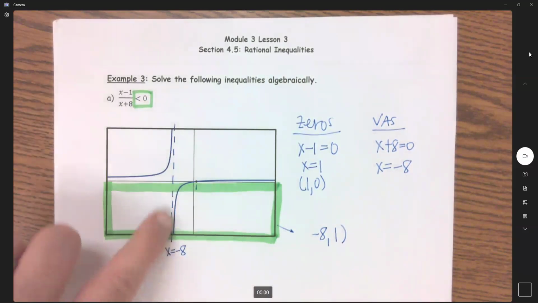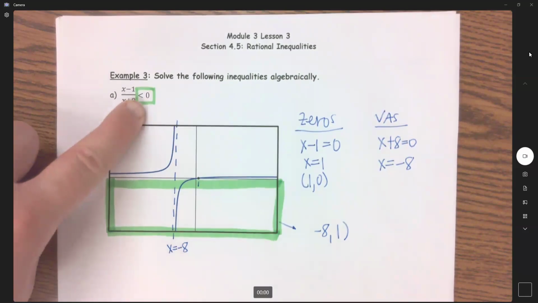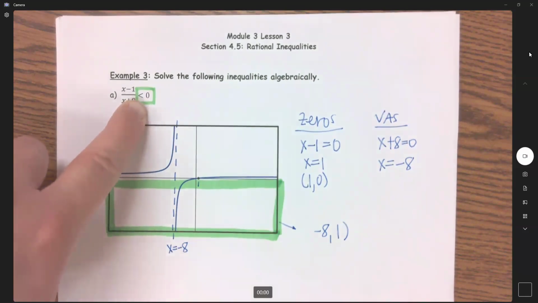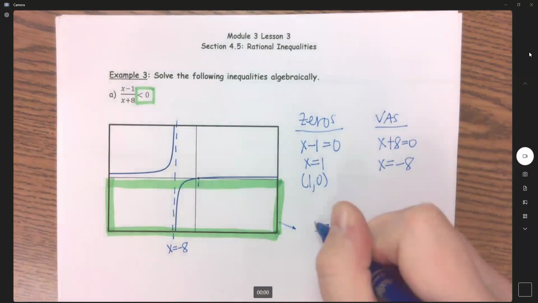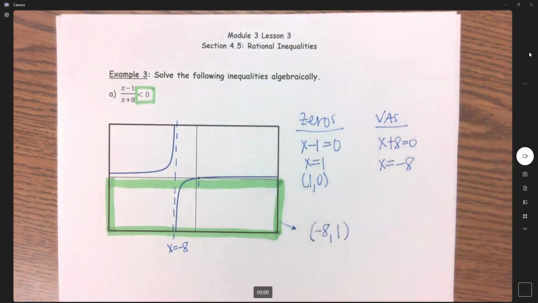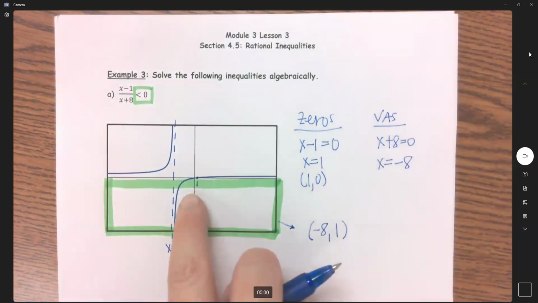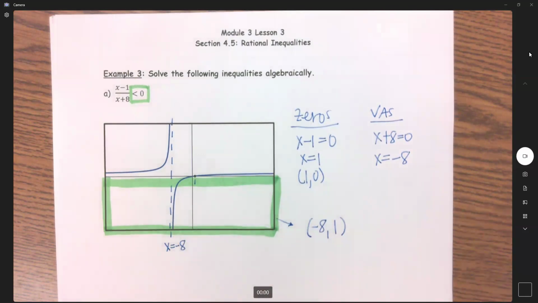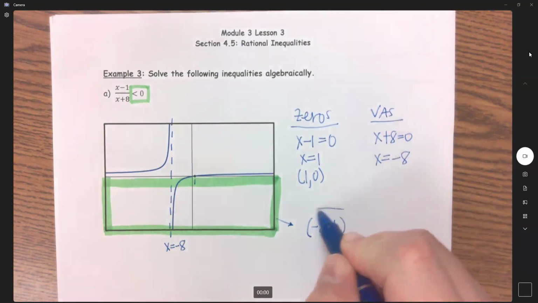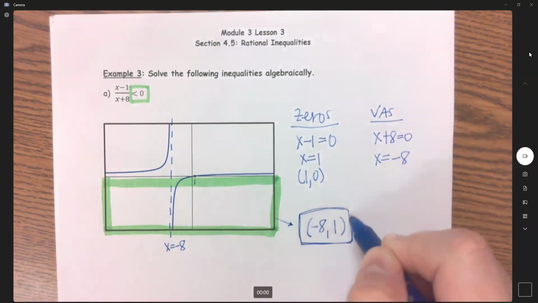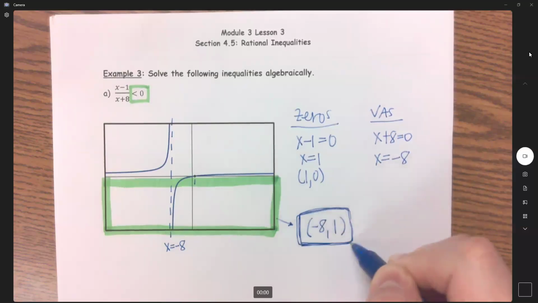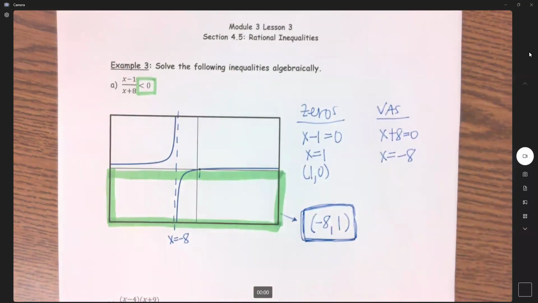Anytime we have something approaching an asymptote, whether this is less than or equal to, that will always be a parenthesis because it's going to approach it but never touch it, so it's not including it. So this is my answer of that inequality. So you guys pause the video and try B for me, please.